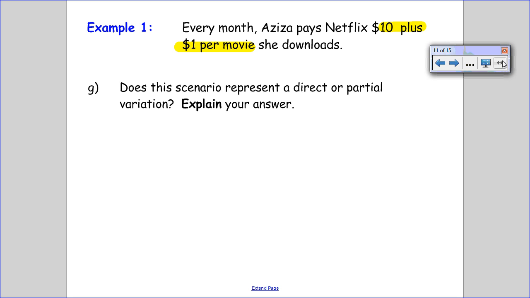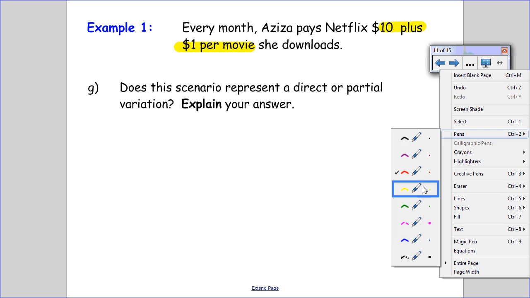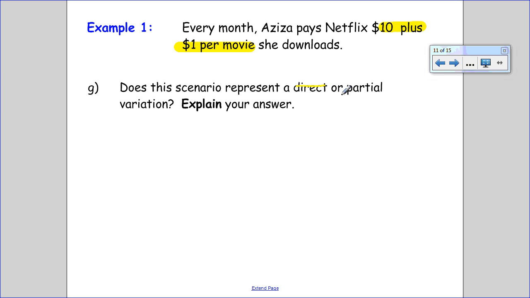Does this scenario represent a direct or a partial variation? That's important. Is it direct or is it partial? That's the key thing. I lost my highlighter again.